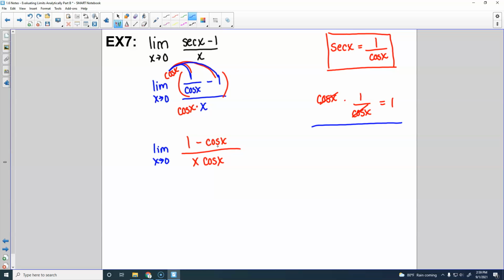All right, now if we look, we should be seeing one of those special limits here, because here we've got 1 minus cosine x over x. So, like we've done with the other problems, we can do the limit as x approaches 0 of 1 minus cosine x over x times 1 over cosine x.